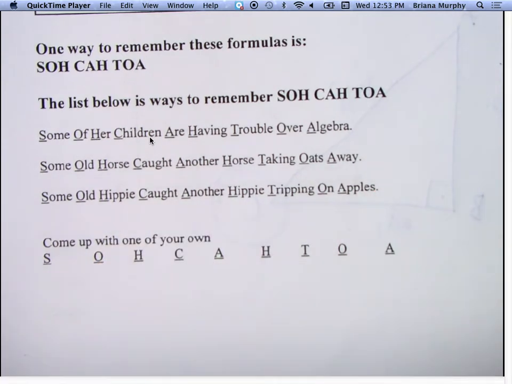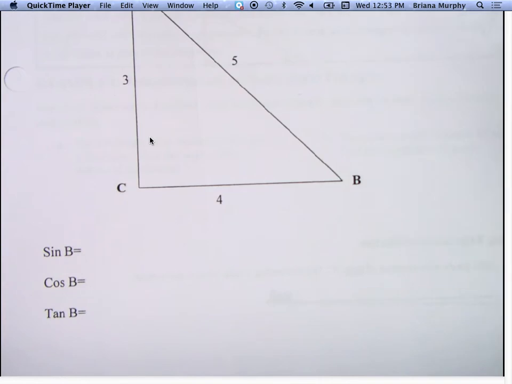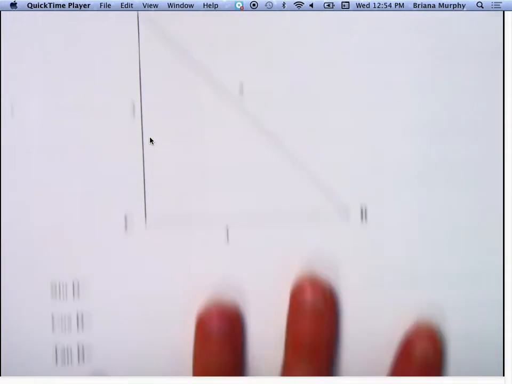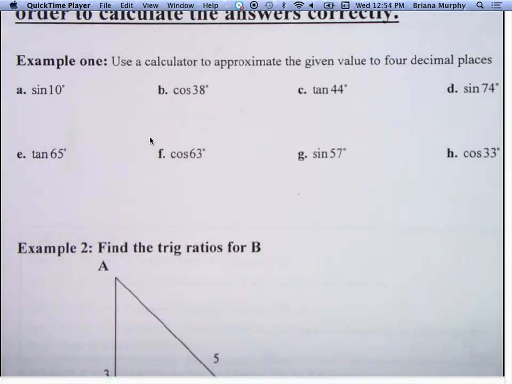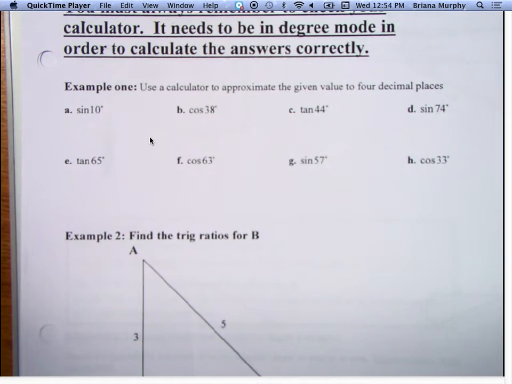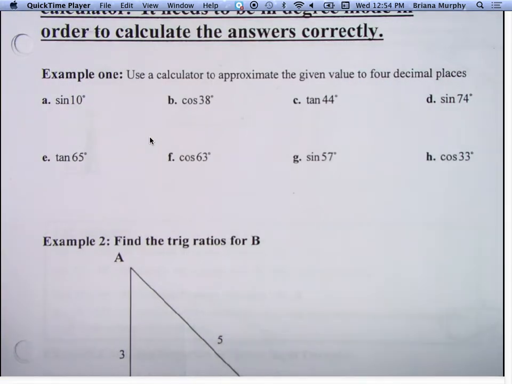Okay? All right. Now we're going to try some stuff with our calculator. This is important that you know how to put this in correctly. You need to know how to change this from degrees to radians, because today we're going to look at degrees, but starting tomorrow, we're going to look at radians.